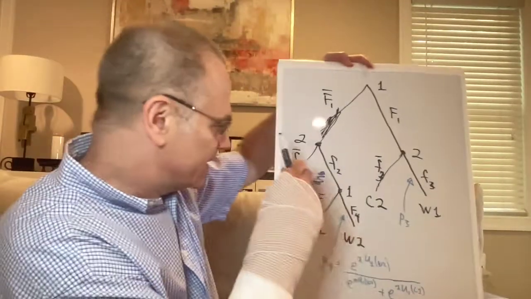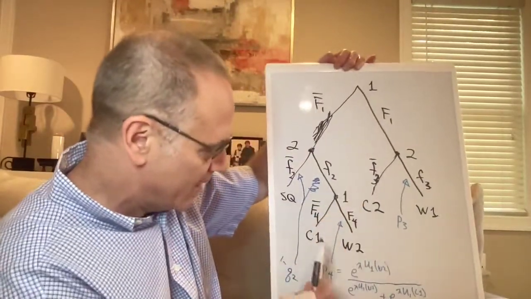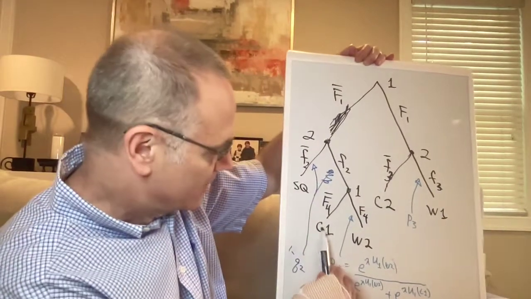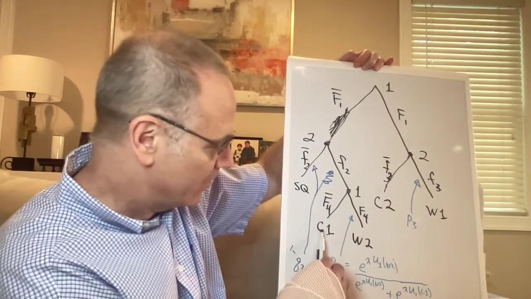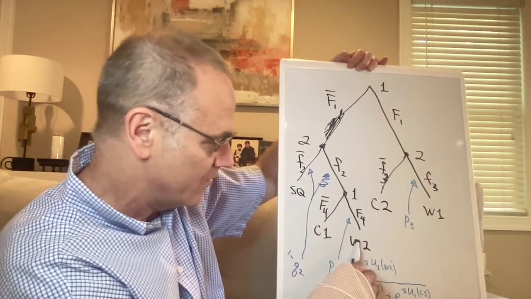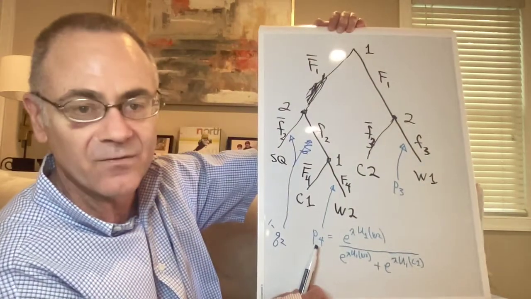And the scene utility of doing the other choice is going to be this weighted average of utility of C1, utility of W2, weighted by this P4.